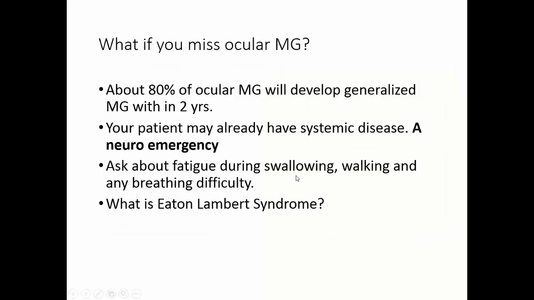But only if you ask, they will say, yes, I have a problem swallowing. After a while, it becomes more and more difficult to swallow, and yes, I have walking difficulty, or yes, I have some breathing difficulties. It is very important to diagnose these conditions, and if you diagnose ocular myasthenia in these people, it could be a neurological emergency, because anytime their respiratory muscles can go into failure if they go into myasthenic crisis.